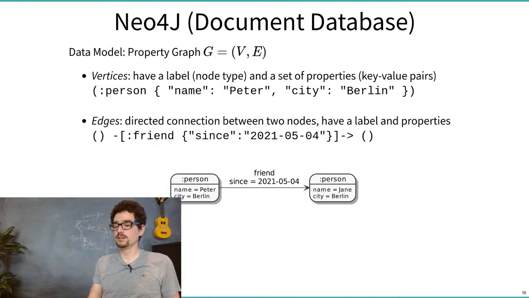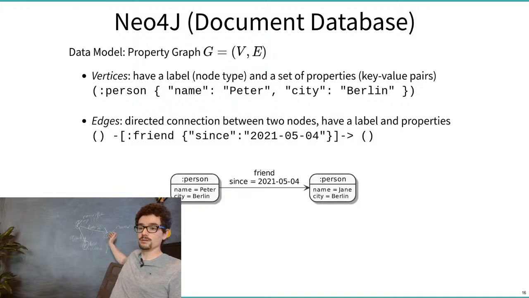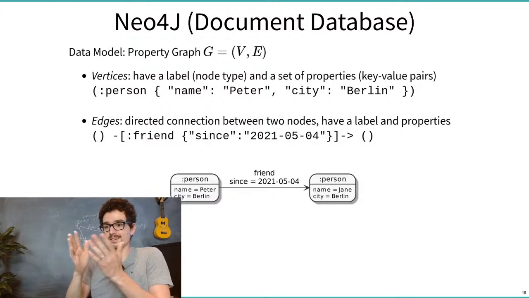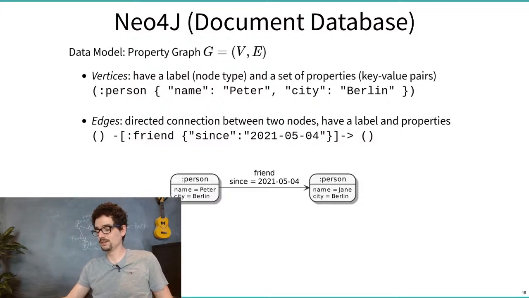It depends on, do your cities have further properties, so the number of inhabitants and so on, or is city just like a column in a person table? So you have again multiple things how to model things.